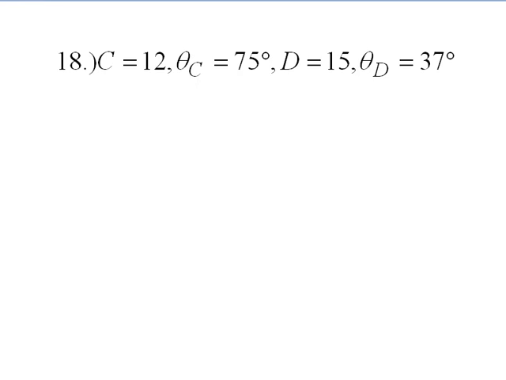Let's see what we're getting into now. We've got two vectors at different angles and different magnitudes. Now let's just start out with a little sketch, okay? 75 degrees.